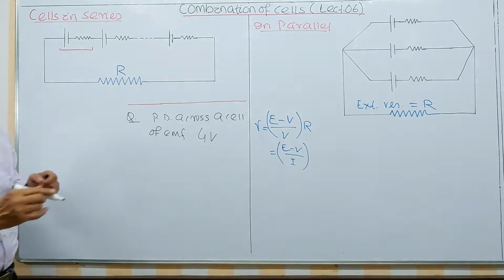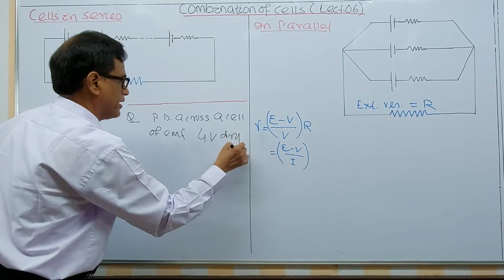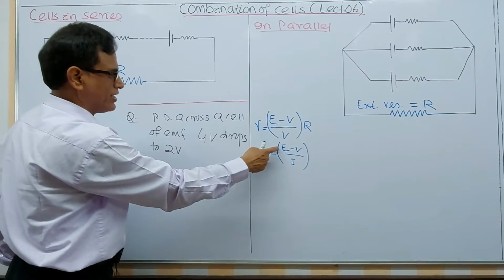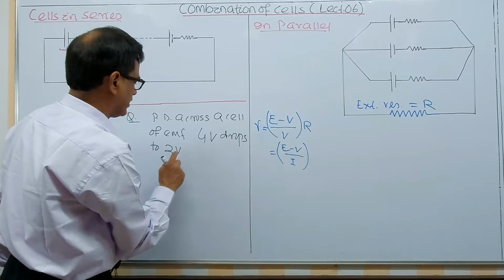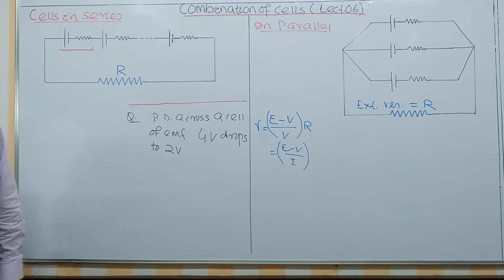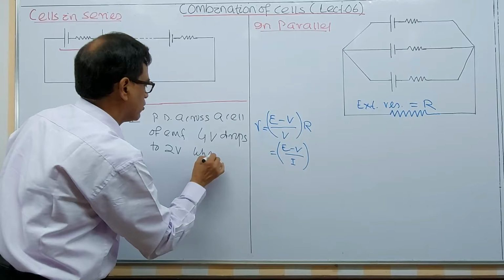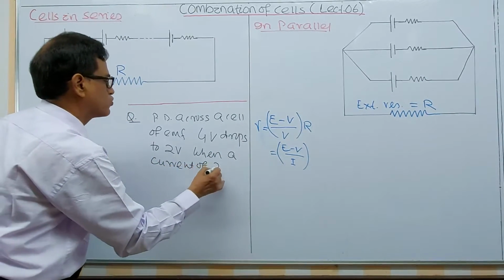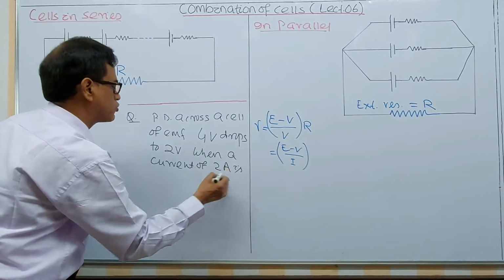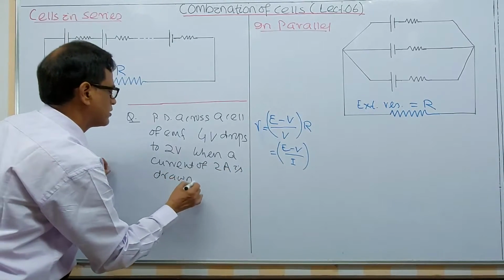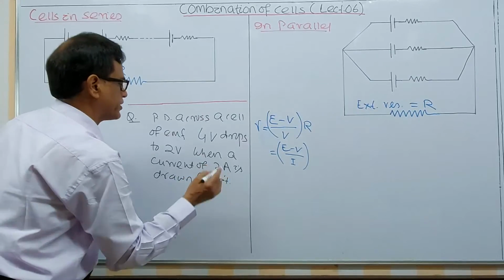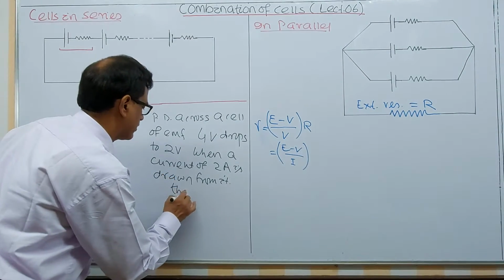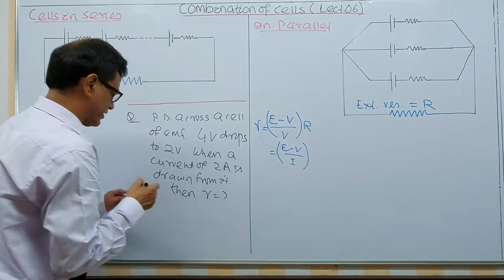It drops to 2 volt when a current of 2 ampere is drawn from it. Then calculate the internal resistance.